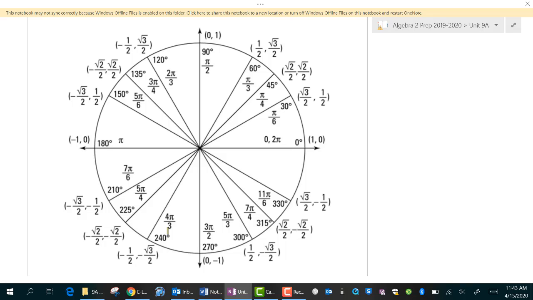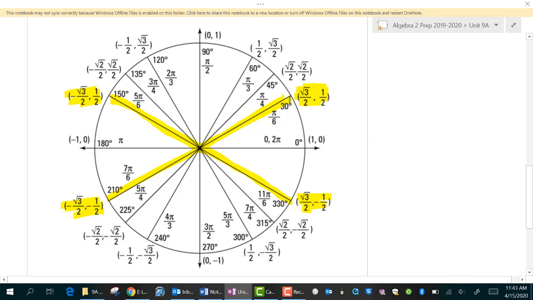So I'm going to start by highlighting the pi/6 family. So here's pi/6, 5 pi/6, 7 pi/6, and then lastly 11 pi/6. We call this the pi/6 family because the denominator in each case is 6. Now, if you notice the coordinates here, they are all essentially the same except for the sign.